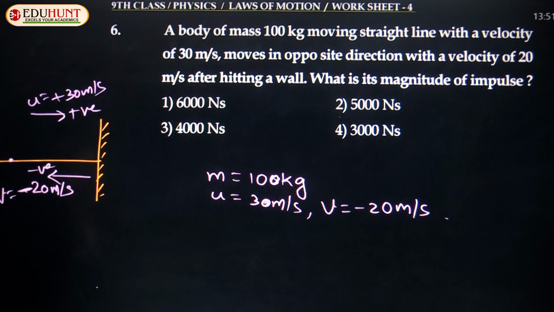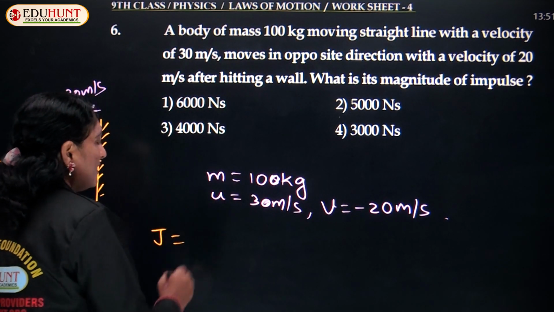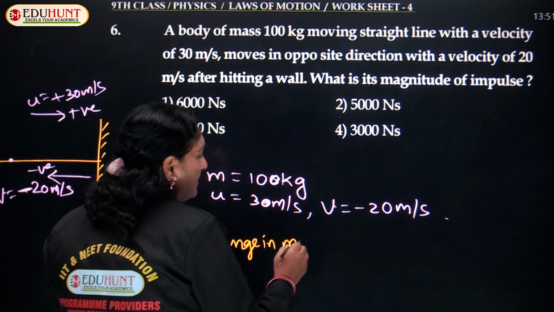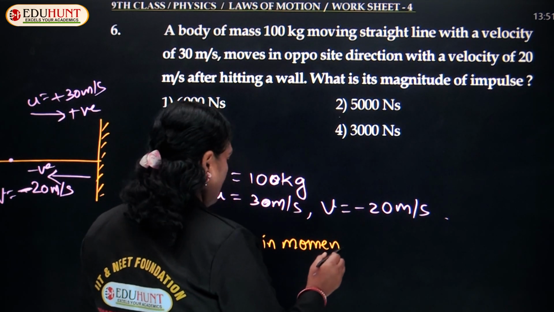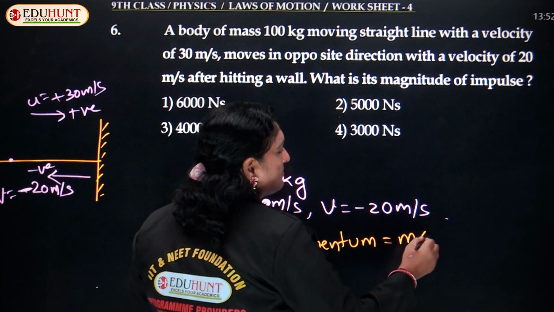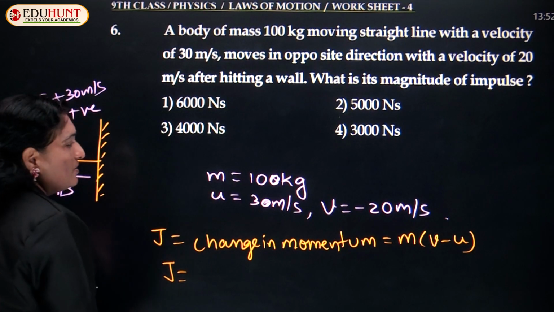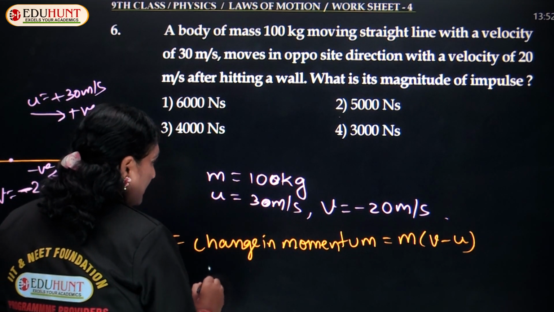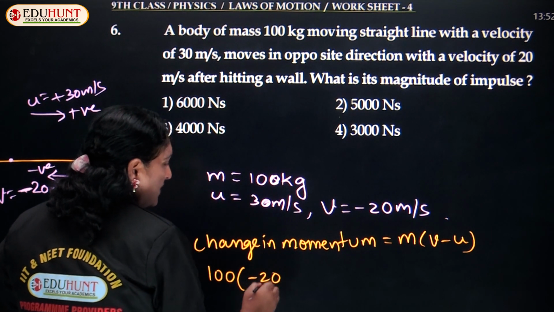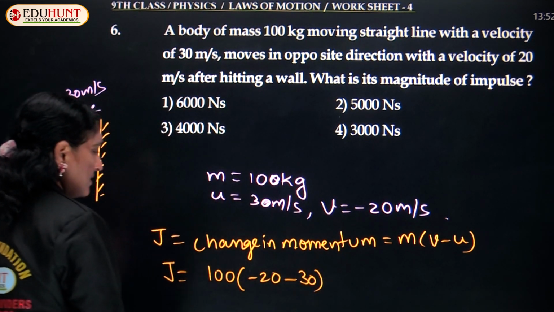What is the magnitude of impulse? Children, as we know, the magnitude of impulse is nothing but change in momentum. So what is change in momentum? M times of V minus U. So substituting all the values we have, mass is given as 100 kg, final velocity is given as minus 20 meter per second, minus initial velocity, minus 30.